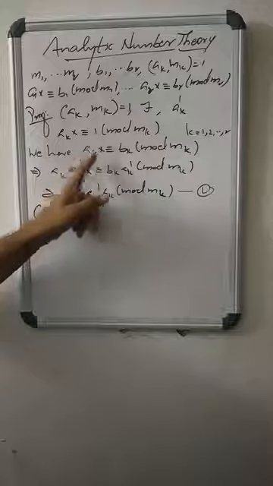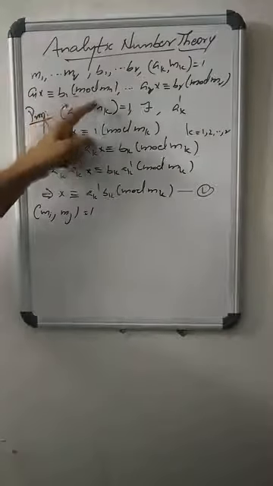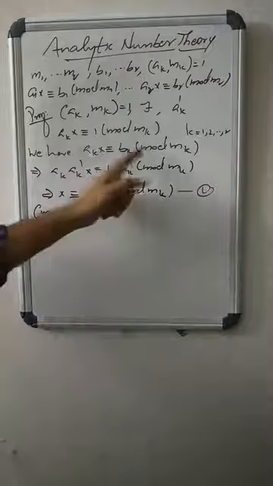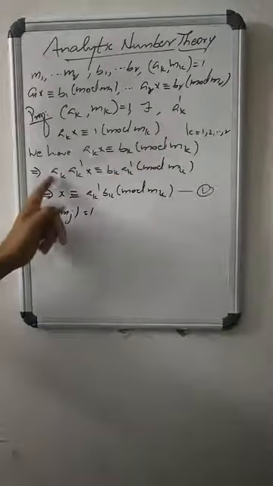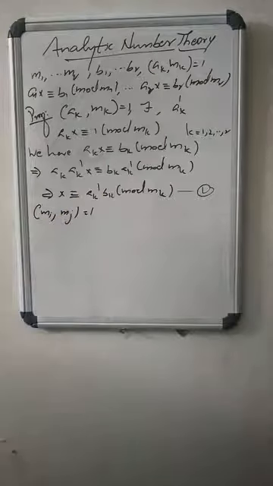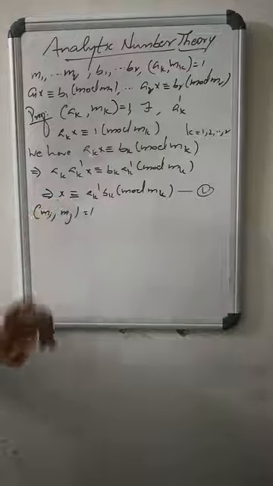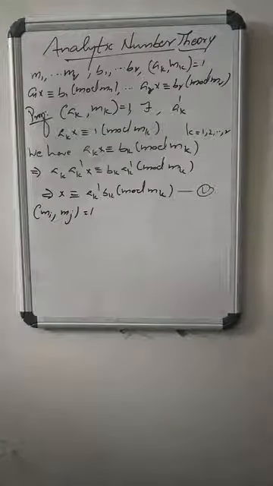But we have akx ≡ bk mod mk, which is already given. Then clearly ak'x ≡ ak' bk mod mk, so x ≡ ak' bk mod mk.